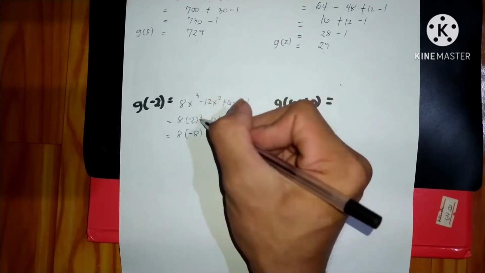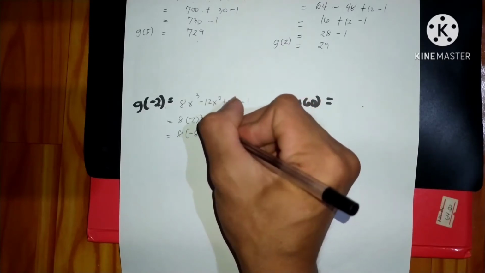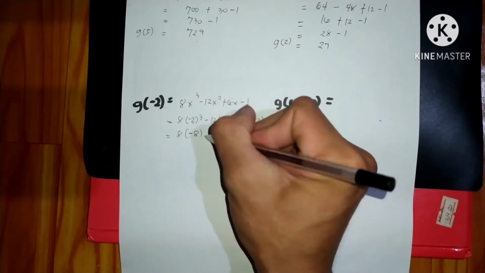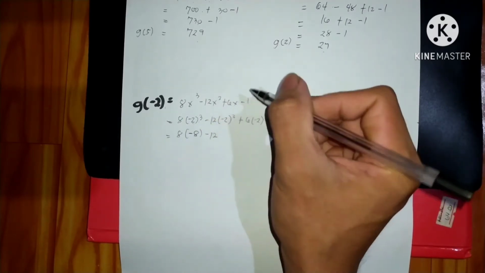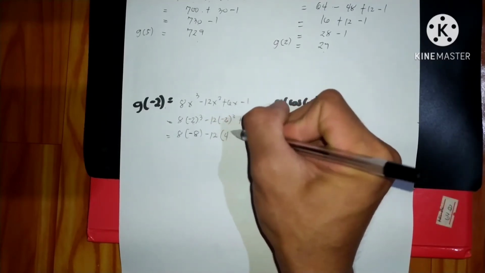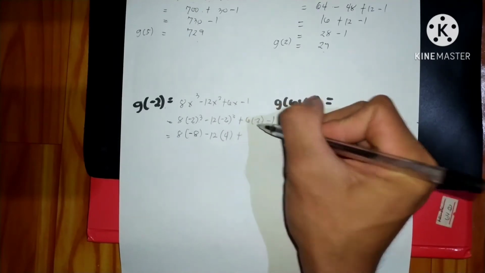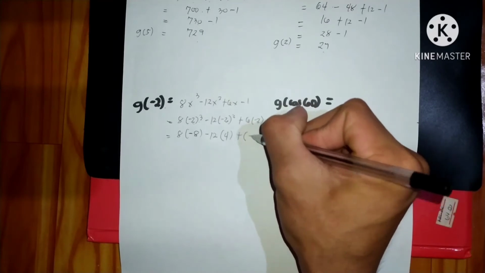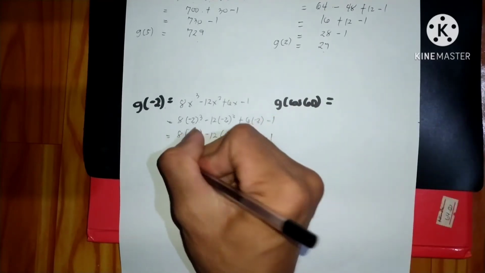Lagi nating tatandaan na any negative numbers raised to odd numbers, the result would be negative. Then, minus 12 times negative 2 times negative 2 is equals to positive 4 plus 6 times negative 2. 6 times negative 2 is equal to negative 12 minus 1.